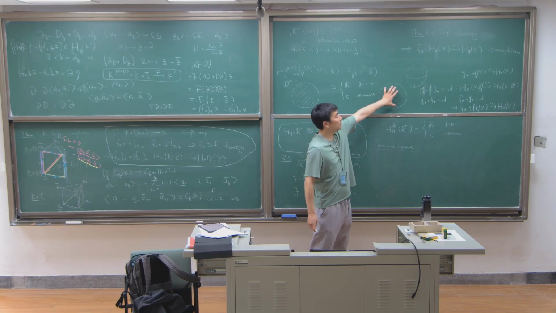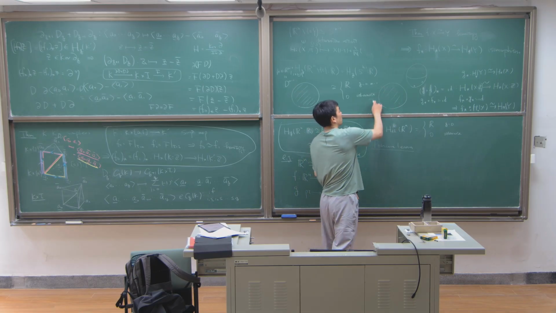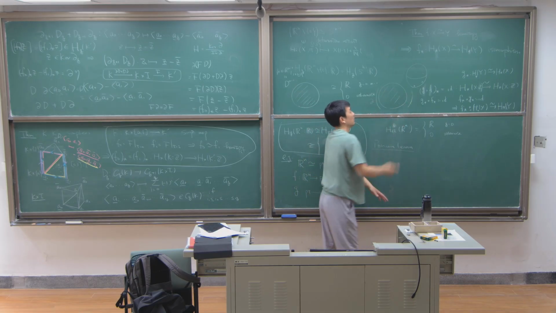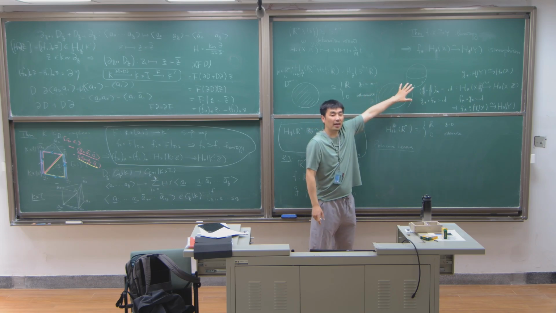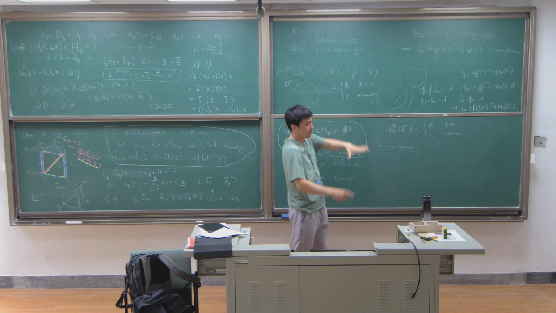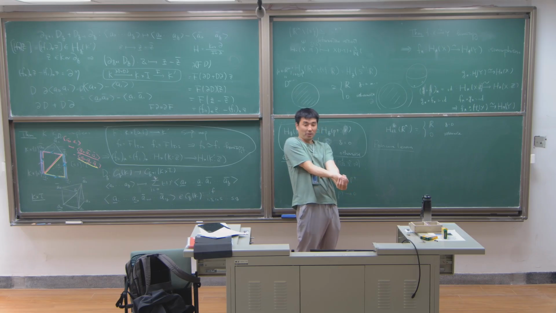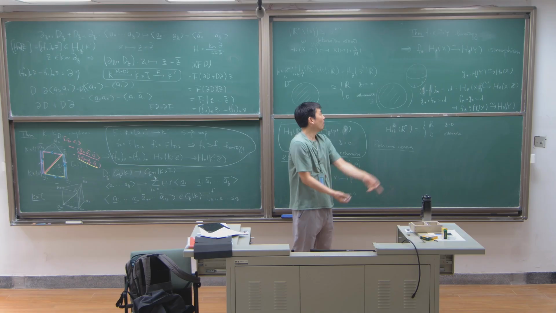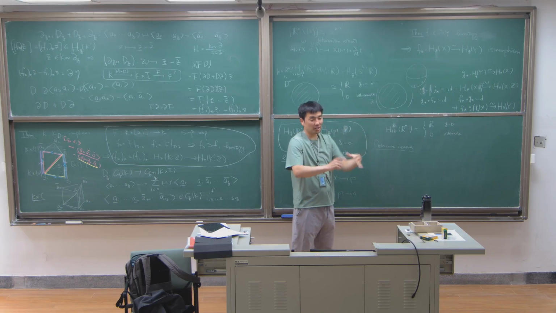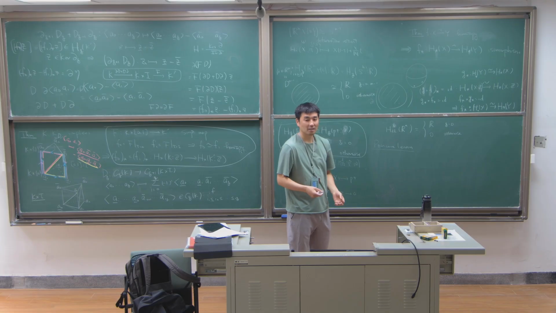So if you take the boundary of the disk, you just have a boundary, right? The boundary is of degree n minus 2, but the boundary just shrinks to the point. Therefore, the boundary of this one is nothing.